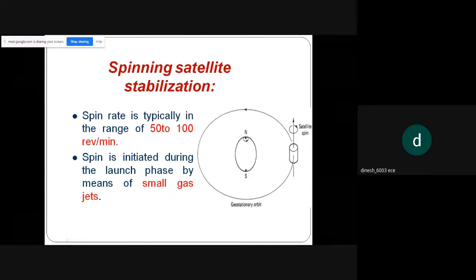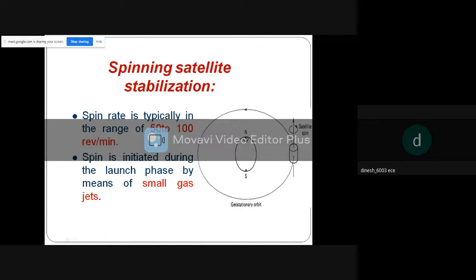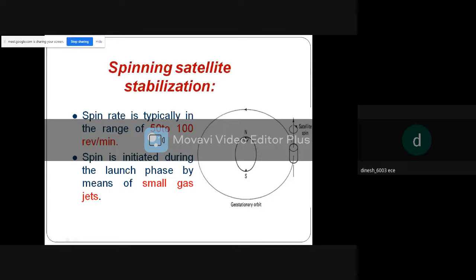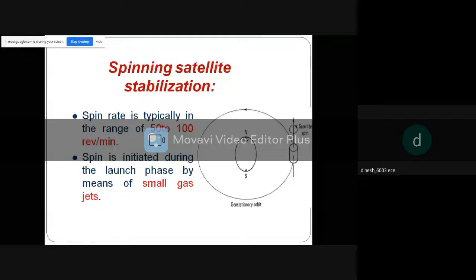The spin rate is typically in the range of 50 to 100 revolutions per minute. This spinning is initiated during the launch phase by means of small gas jets, which tend to rotate the satellite in order to achieve the appropriate positioning or attitude control.